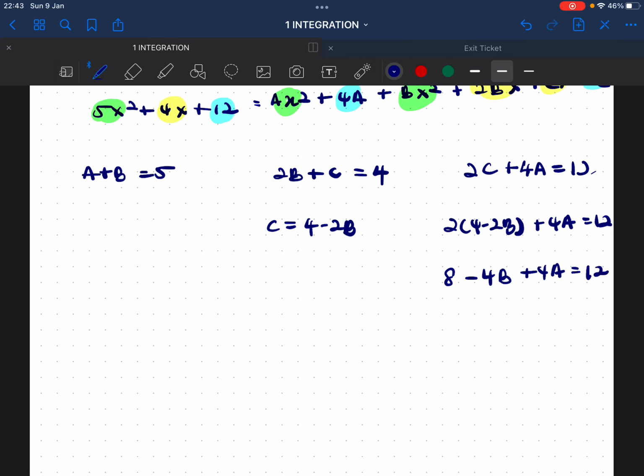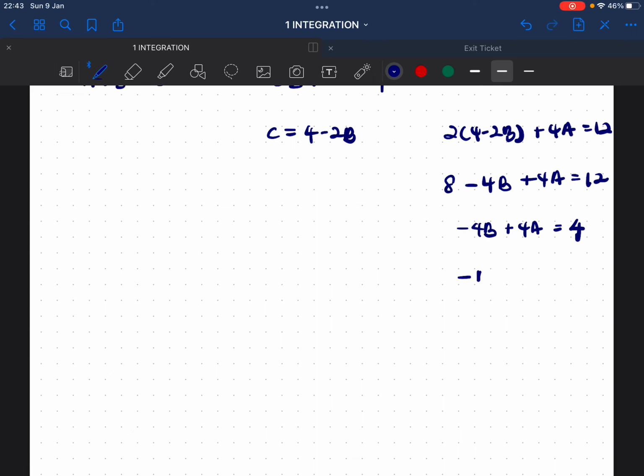So we get negative 4B plus 4A equals to, sorry, 4. 12 minus 8 is 4. So we can simplify this. Negative B plus A is equals to 1. That means our A is equals to 1 plus B.